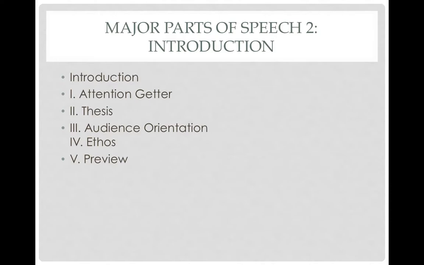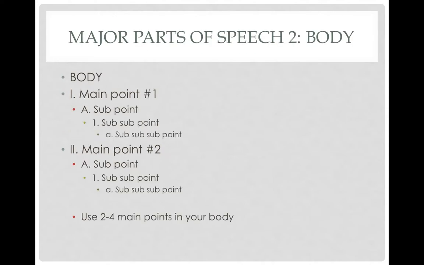For the body of your speech, you'll need to use 2 to 4 main points, and you're going to be using subordination to indicate focus and develop your ideas. So main point number 1 would appear in the body of your outline as Roman numeral 1. Main point number 2, Roman numeral 2.